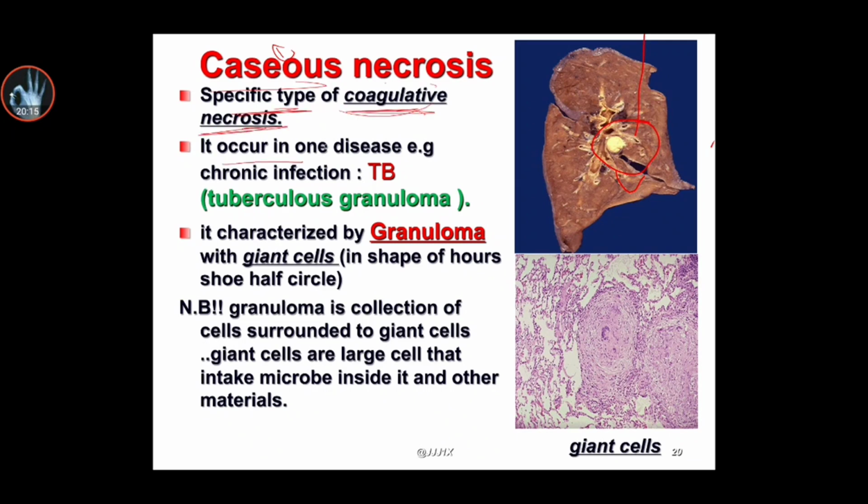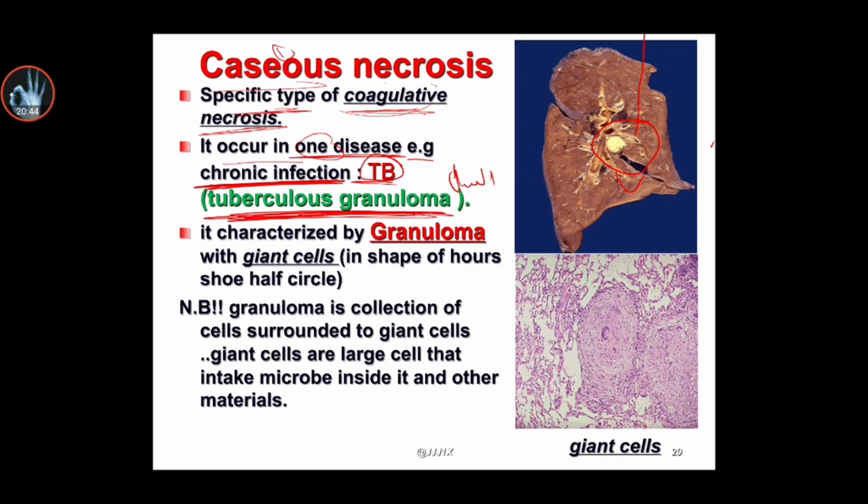It occurs in one disease. For example, a chronic infection, tuberculosis granuloma, which is pulmonary tuberculosis.